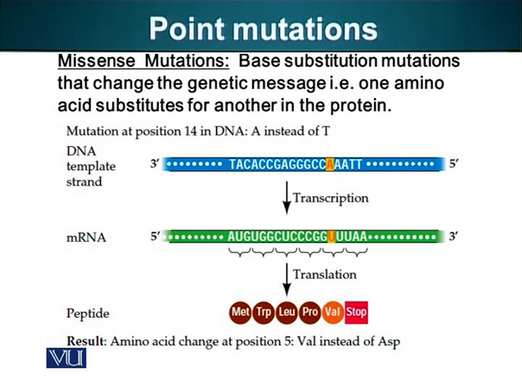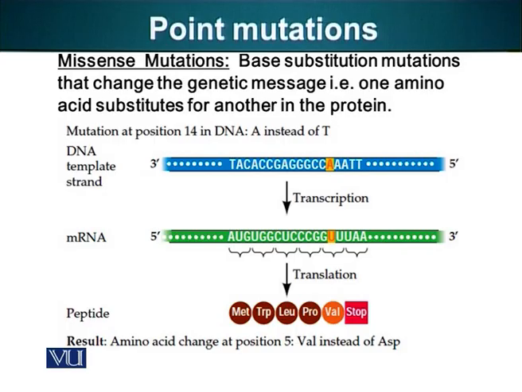In the example here, mutation at position number 14 in DNA, there is an A instead of T. So as a result, RNA is formed, and when RNA is translated, we end up having a valine instead of aspartic acid. So this would change the structure and function of the protein.